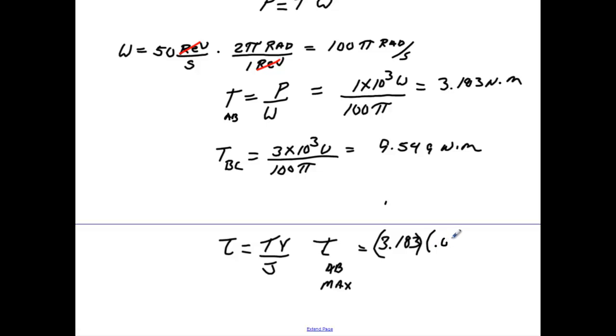That would give me 0.0125 as the radius, and then all we have to do is divide by the polar moment of inertia. It's a solid shaft, so it'd be pi over 2 times this radius to the 4th power. And that gives us 1.04 megapascals.